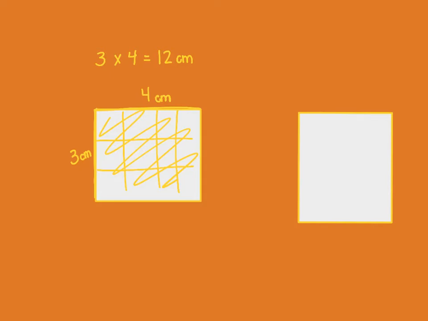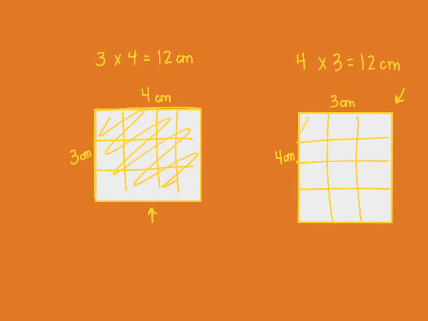I can also switch that problem around: 4 and 3 centimeters. Now, my question is, is the area the same in this box as it is in this box, if I have 4 rows and 3 columns? The answer is yes. 3 times 4 is the same thing as 4 times 3. Each time I'm getting an area of 12 square centimeters.